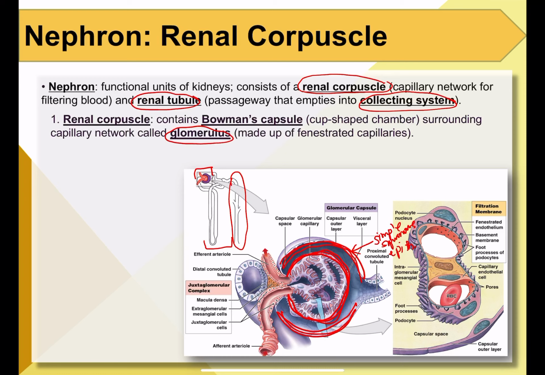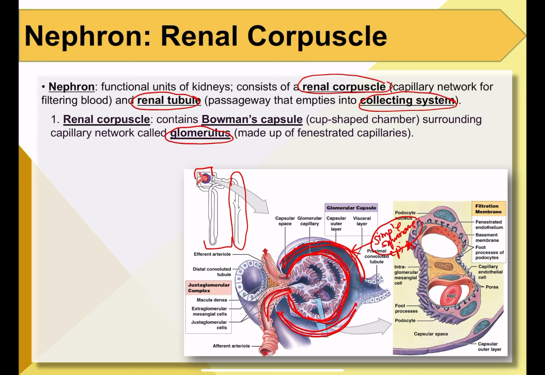The visceral layer, so we have the visceral layer versus that capsular outer layer. Like I said, the capsular outer layer is made up of the simple squamous epithelium. The visceral layer right here is actually covered up, because you can see that this is a capillary, but then you start to see these weird purple things all wrapping around it.